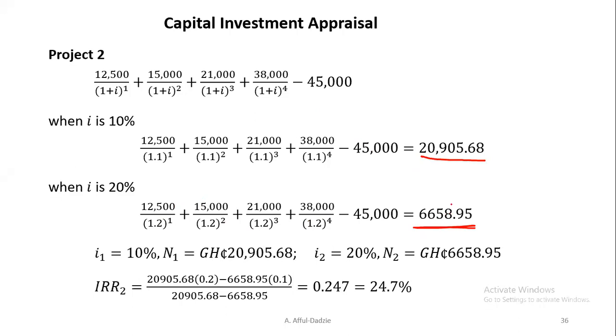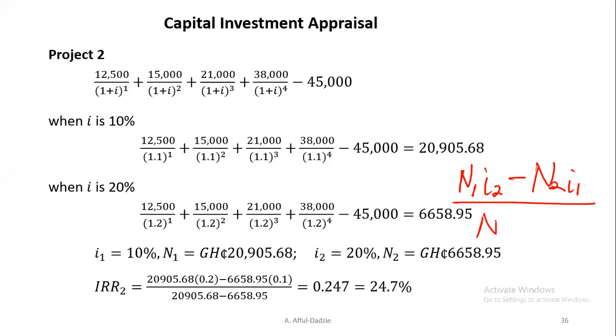So we now have interest rate 1 with an NPV of this, and interest rate 2 with an NPV of this. Again, we say NPV 1 multiplied by interest rate 2, minus NPV 2 multiplied by interest rate 1, divided by NPV 1 minus NPV 2.